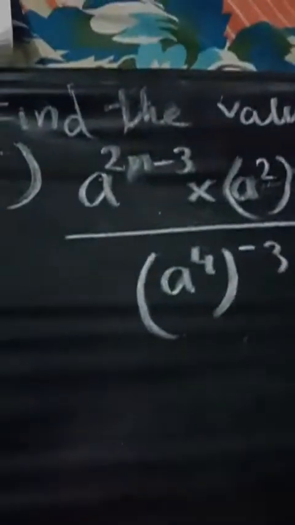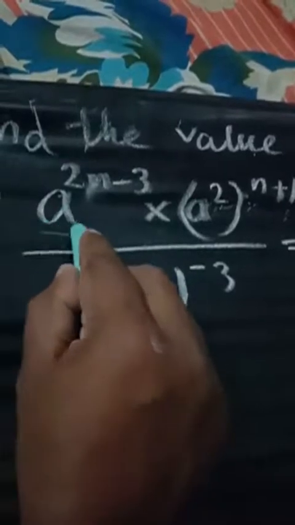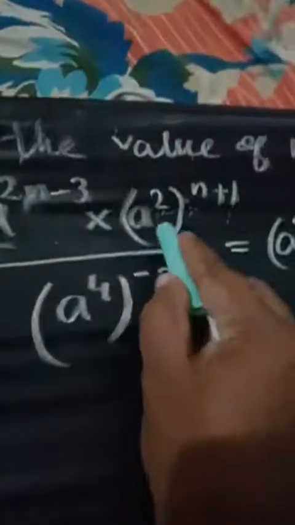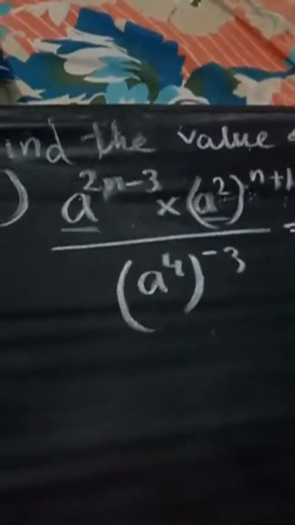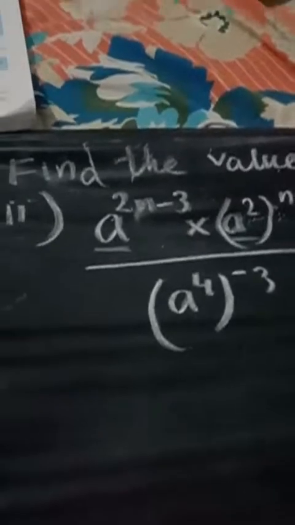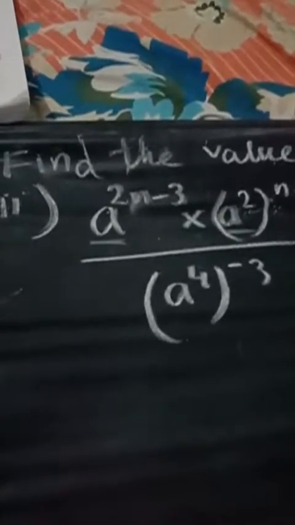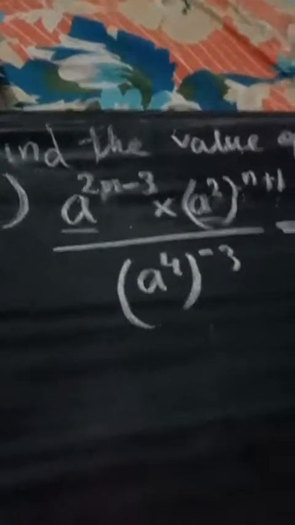Again here the base is a, and here also the base is a. So what do we do with the same base and different powers? We can add the powers: a^m × a^n is a^(m+n).